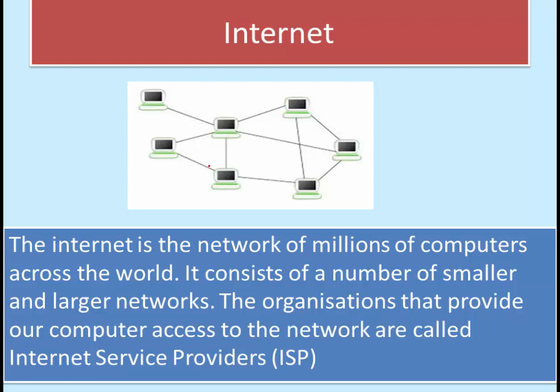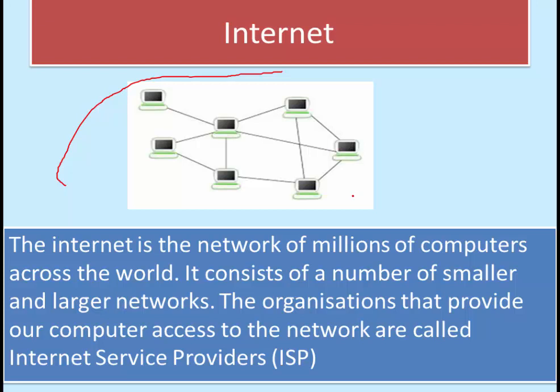Okay. So what is the internet? The internet is an infrastructure. Okay, this is the larger network across the globe. We have already learned about networks. There are different types of networks. You have learned about LAN and MAN and WAN. So when all these smaller or larger networks are connected together, they make an internet.